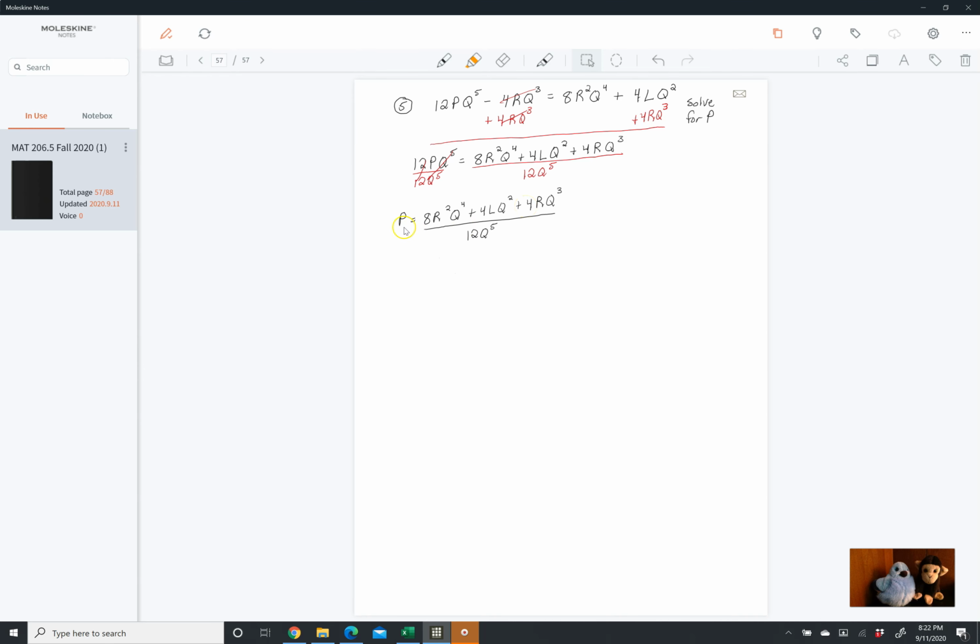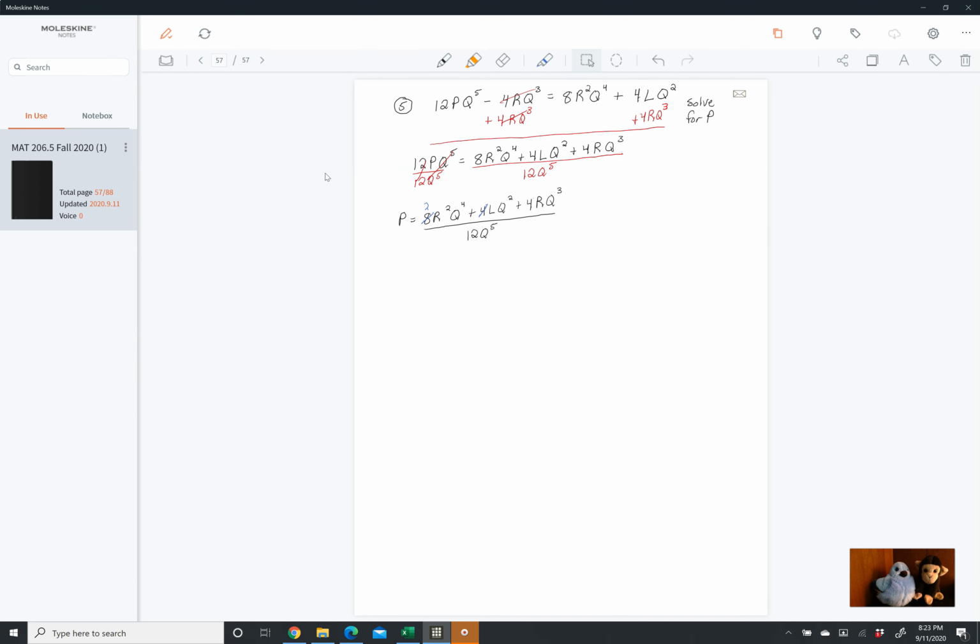Okay, so remember, p is by itself now, but we have to make sure that we can't reduce this fraction. So how you go about this is up to you. It might be helpful to just look at the coefficients first so that you never forget about those coefficients, okay? So we're looking for something that 8, 4, 4, and 12 all have in common. And they do have something in common. They all have a 4 in common. So let's reduce this. So we're taking out a 4 from the 8. Remember, you're dividing. There are 2 4s in 8.